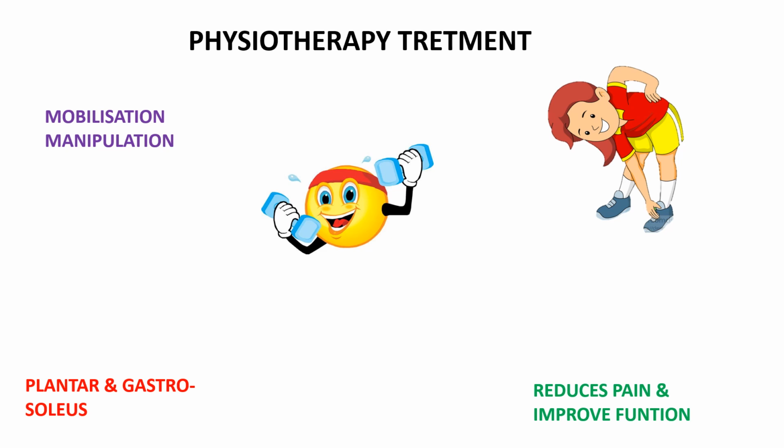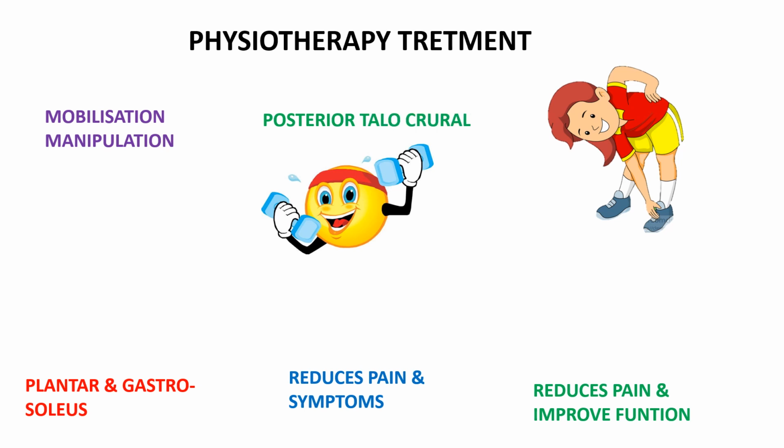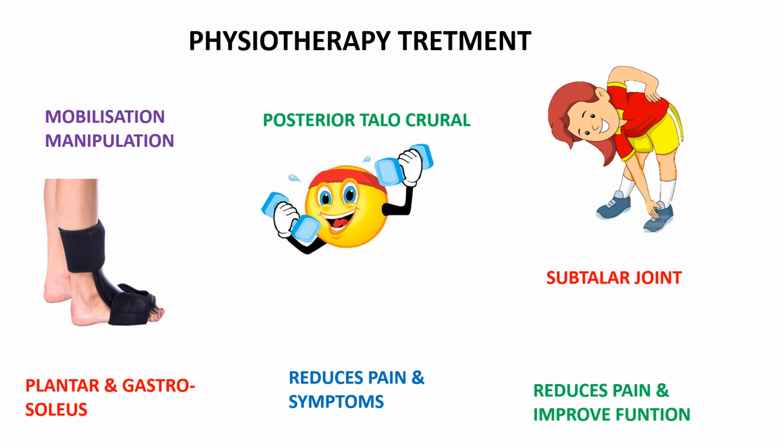The manual therapy techniques used are posterior talocrural joint mobilizations and subtalar joint distraction manipulation. Some therapists also recommend a posterior night splint, which maintains ankle dorsiflexion and toe extension and allows a constant stretch of the plantar fascia.